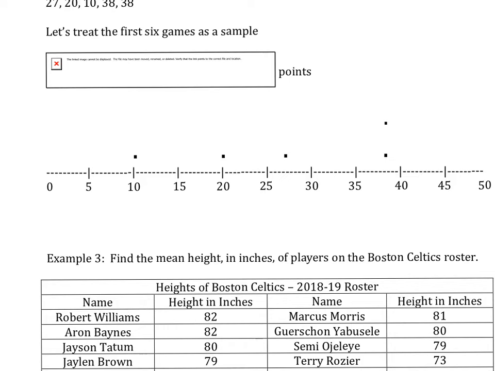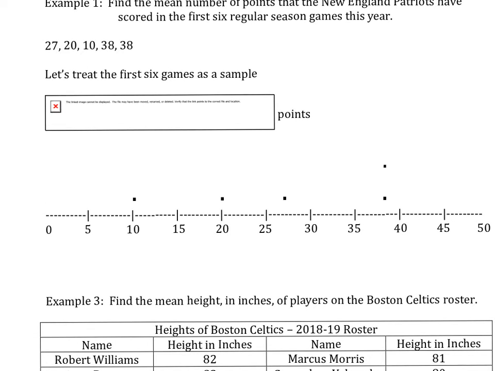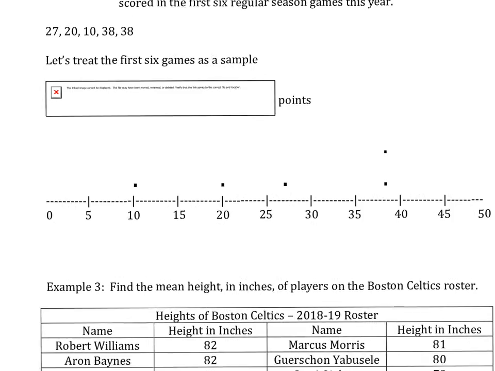And you see that data set or that sample represented here in a dot plot, and you can almost visualize the mean or the balance point of those masses, if you will, as 26.6. That seems to be correct.